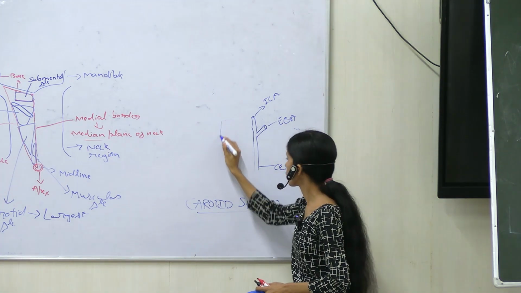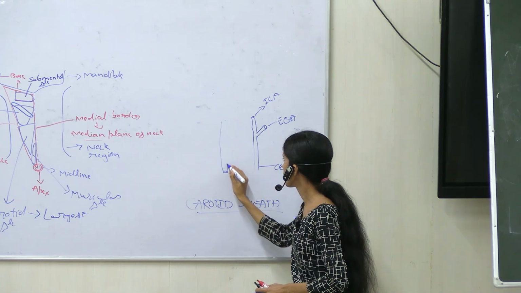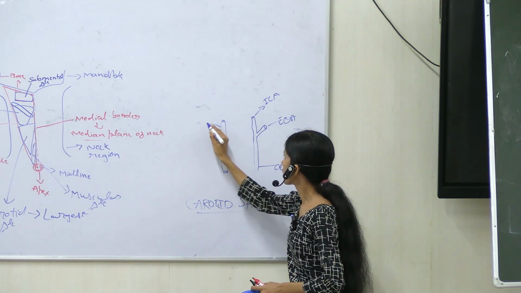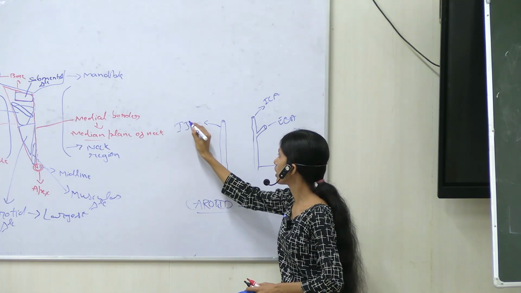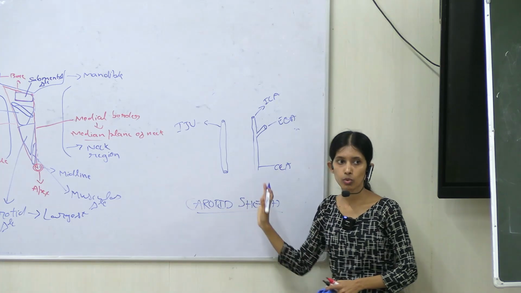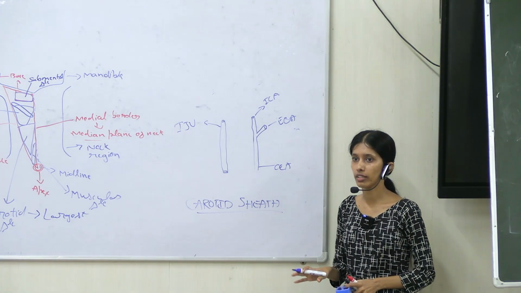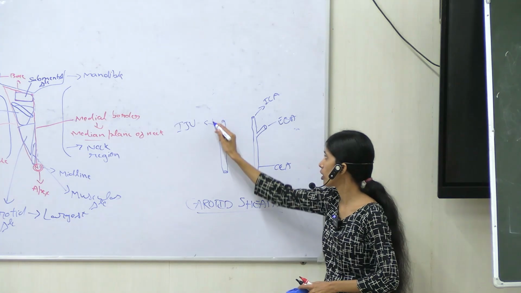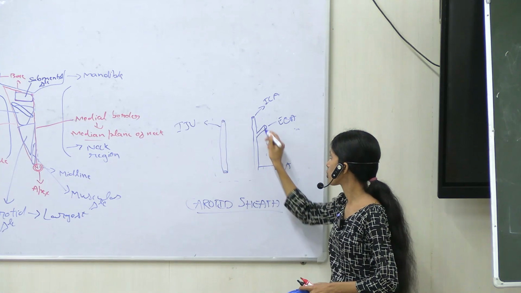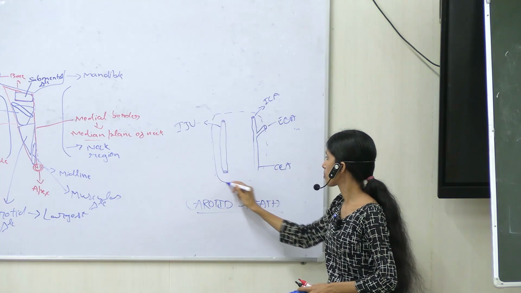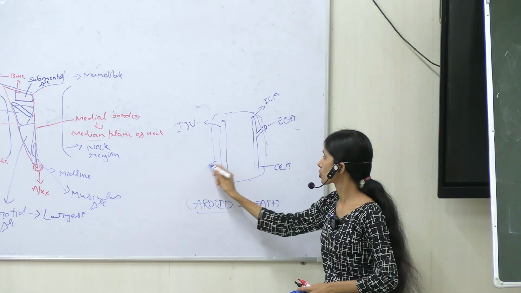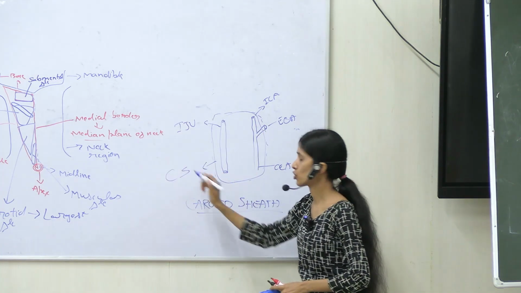And here we have one more important vein, that is internal jugular vein. These two structures in your neck region are covered by a thin sheath that is called carotid sheath.